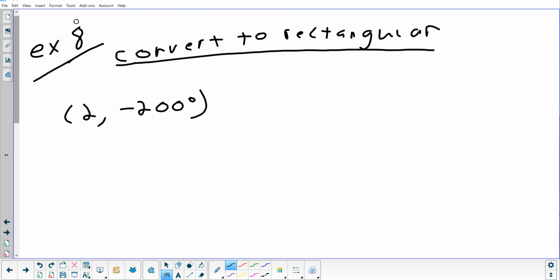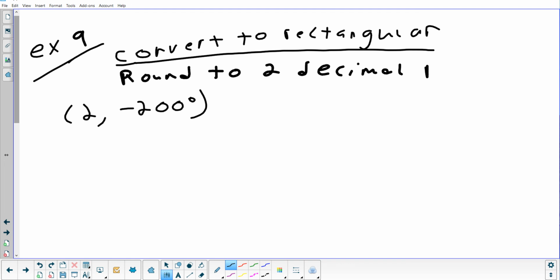Is negative 200 a multiple of either one of those numbers? No. So this time, we'll just do it and we'll round it to 2 decimal places. So on the test, you might have one that's an exact answer problem like we did, and then you might have one that's a decimal.